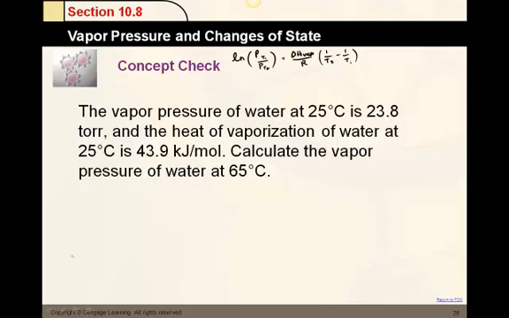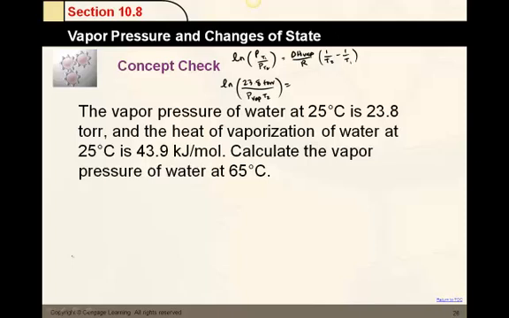Temperature number 1 is 25, so I'm going to have Ln of the pressure, 23.8 torr. I do not know the pressure of the vapor at T2 because that's what we're trying to solve for. So we have to have one variable.